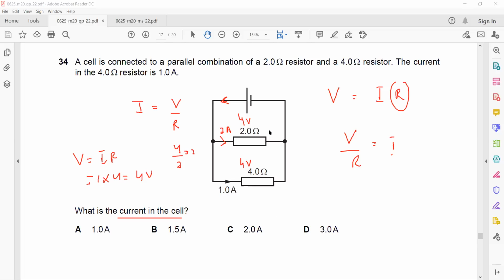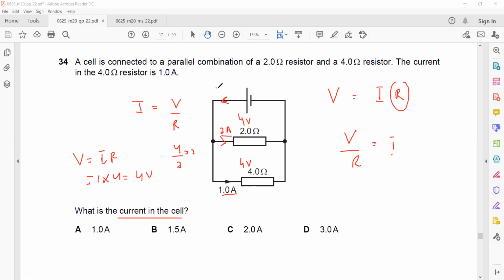You can use a ratio as well, but it is an inverse ratio, a reciprocal ratio, not the direct proportion. Resistance and current are inversely proportional: high resistance, low current; low resistance, high current. So you can first find the current in the 2 ohm resistor and the current in the 4 ohm resistor.